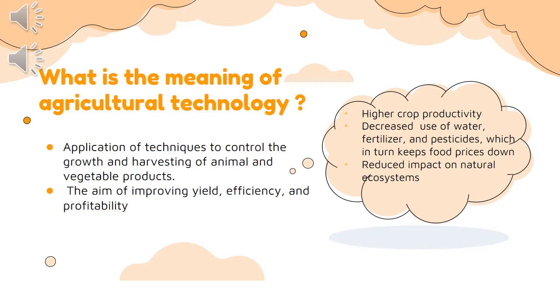Before we start learning, do you know the meaning of agricultural technology? If you're not sure, let me tell you. Agricultural technology or agrotechnology is the use of technology in agriculture, horticulture, and aquaculture with the aim of improving yield, efficiency, and profitability.